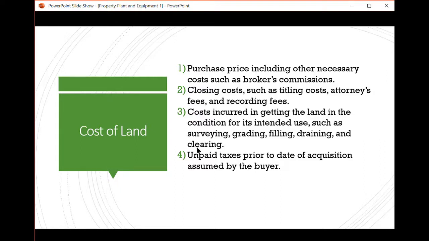Take note that it is unpaid prior to the date of acquisition, before the land was bought. If the tax is incurred after the property was acquired, it will be treated as an expense. And again, if it was before the land was bought and the buyer assumes it, that is part of the cost of the land. If the taxes are incurred after the land was bought, that's no longer part of the cost of the land.